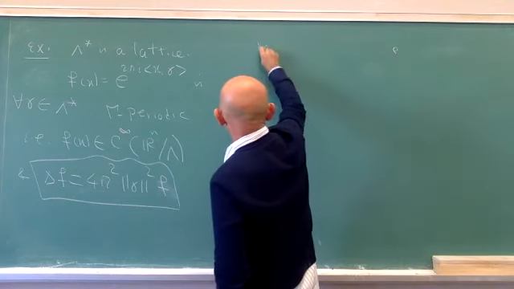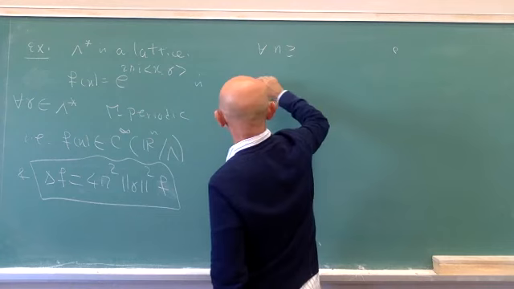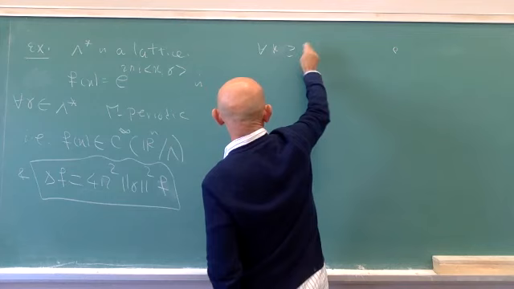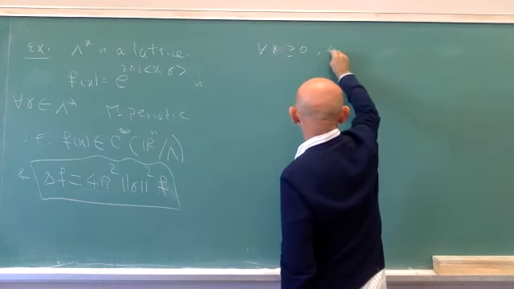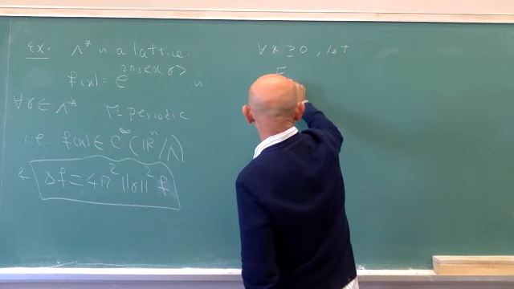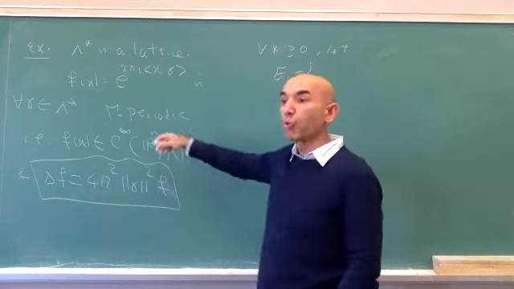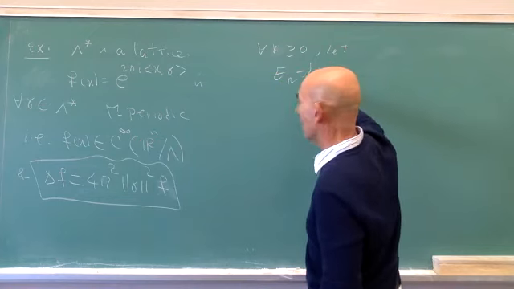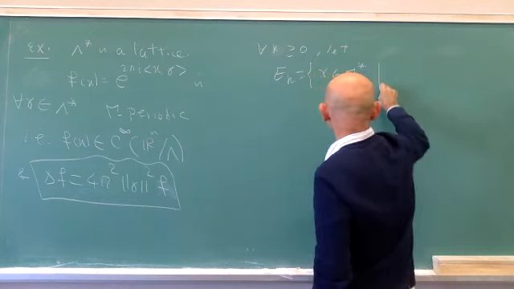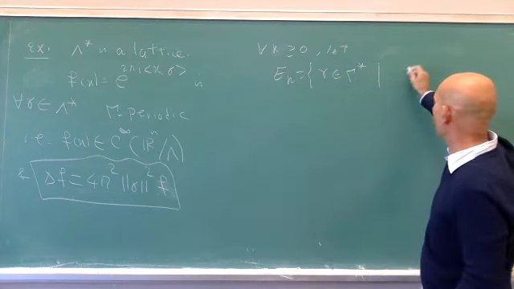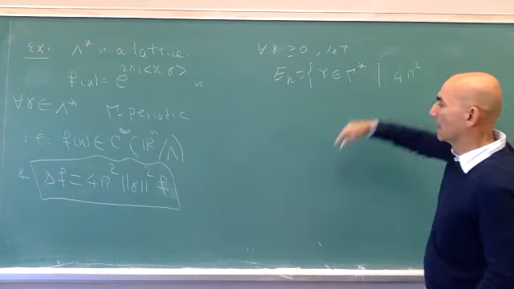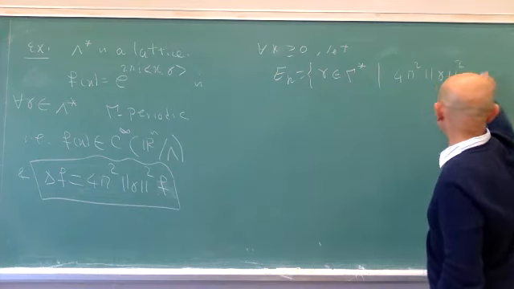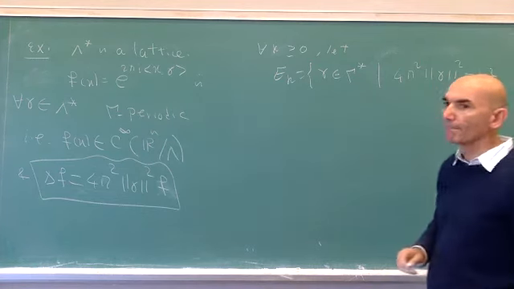For each k bigger than or equal to 0, let E_k be the set of all points gamma belonging to the dual lattice, gamma star, such that 4 pi squared times the length squared of gamma is equal to k.